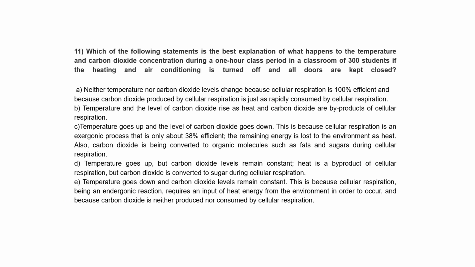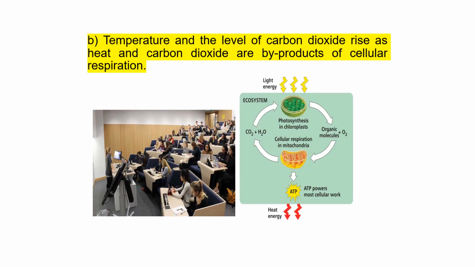Okay, this question seems to be very long and complicated, but it's actually very easy. And they are asking you what happens when you're in a classroom with too many people. What happens with the levels of CO2 and the temperature? So it's very easy, as you have so many people breathing and maybe some of them even sleeping in the classroom.